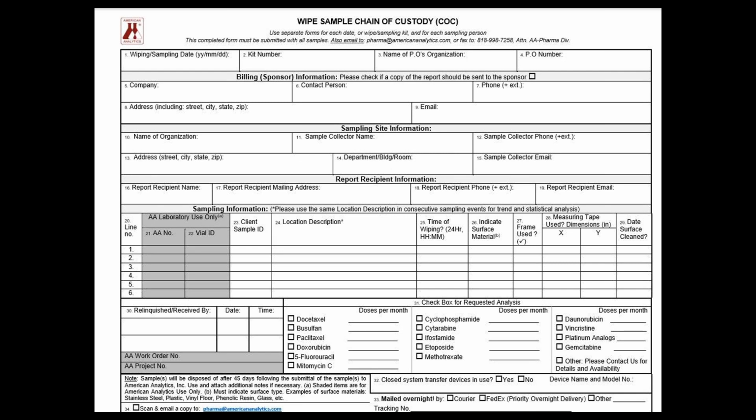And what that's going to allow us to do is provide you trending over time. So let's say you did find hazardous drug residues on the safety cabinet door handle of cyclophosphamide. We'll be able to show that since you found residues, you're going to improve your decontamination SOPs, and you're going to be able to see those concentrations decrease or go to 0 over the next 1 or 2 sample events.